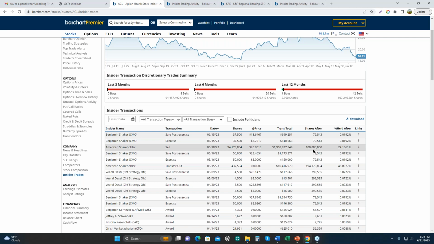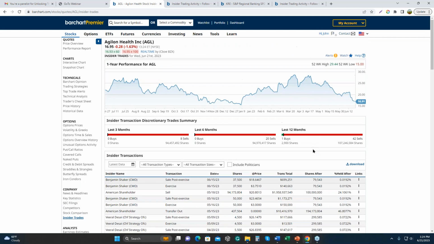A large institutional trader is liquidating their position, and they liquidated half of the position in just one jump. And if we look at the price of this stock since May, we can see that prices have been falling. So this might be a bad indication moving forward, especially if this large shareholder continues to liquidate their position.